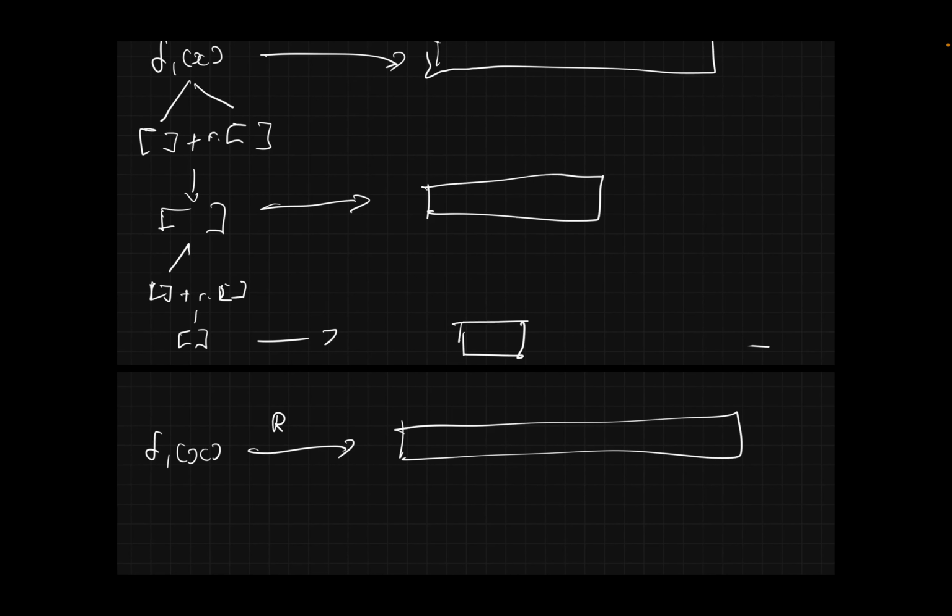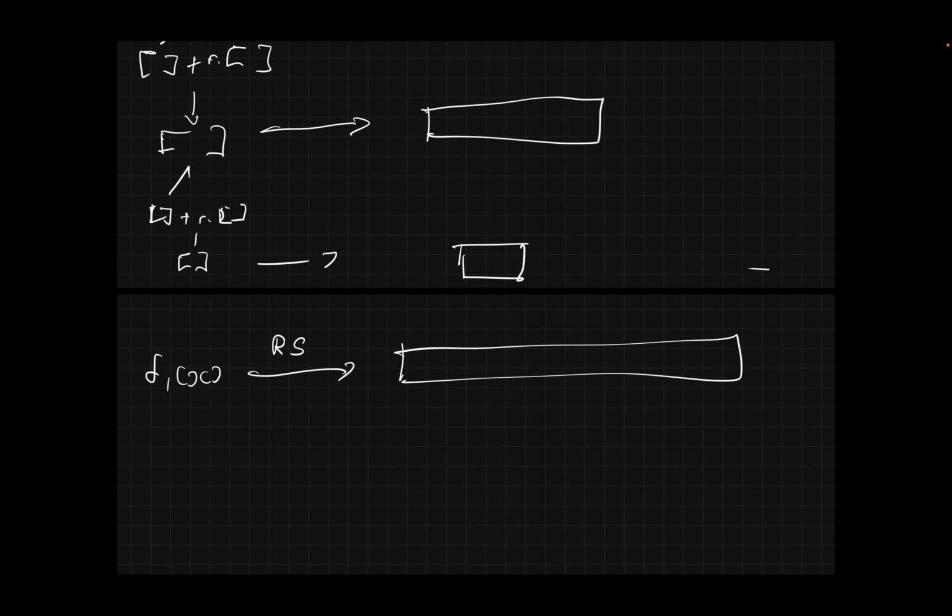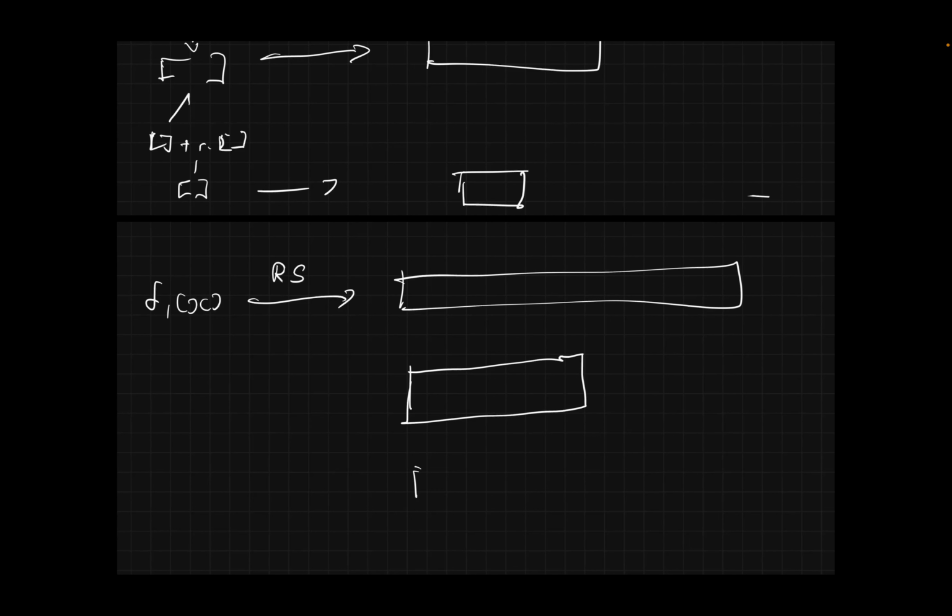You do the Reed-Solomon once. Then once you're done with this, you use that formula, that f2, to get all the values here. And then you use the same thing, so you just do Reed-Solomon just once. Make sense?